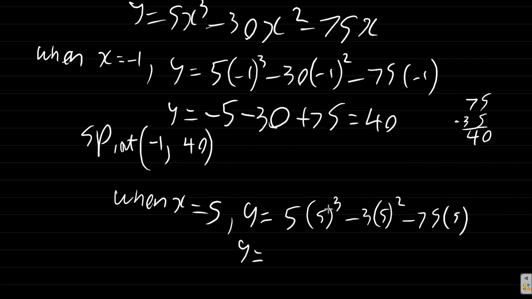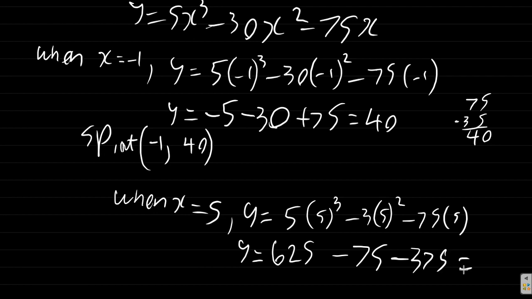So 5 cubed is 125, and 125 times 5 gives us 625, minus 30 times 5 squared, which is 25, so 750, minus 75 times 5, which is 375.